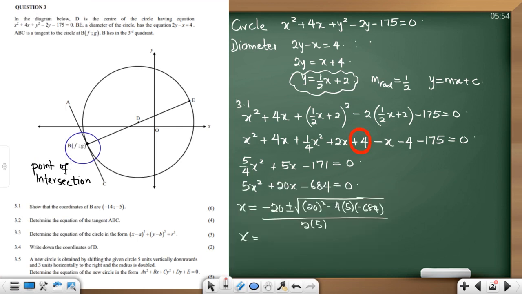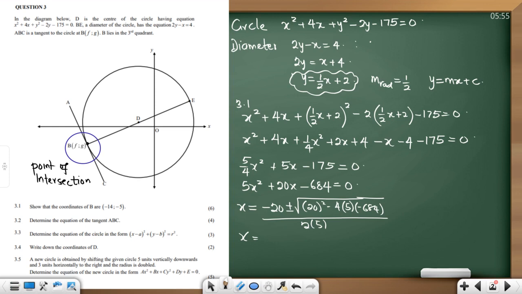Some of you might have picked it up. 4 minus 4 is 0, and then minus 175. That was just minus 175 equals 0. Okay, that's what caused that little deviation. So we got rid of that by saying times 4.